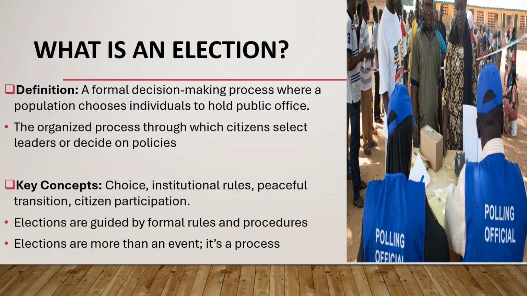Another transition also happened in 2009, another in 2017 on the 7th of January, and another again in 2025 on the 7th of January. So we've been blessed to have that in terms of choice and peaceful transition.